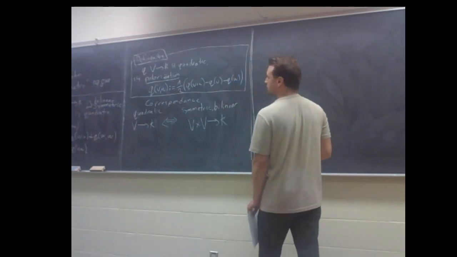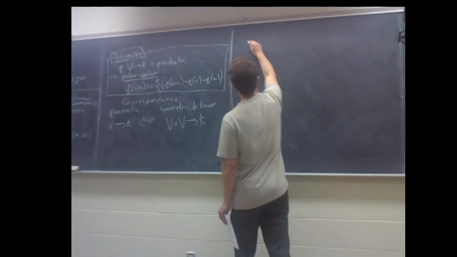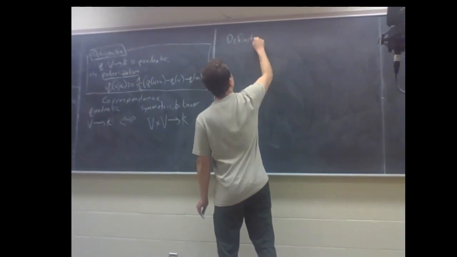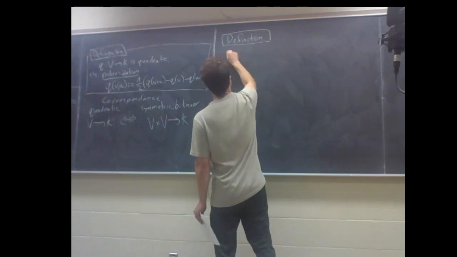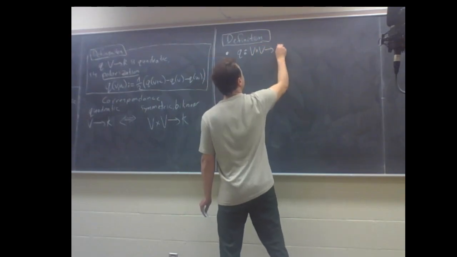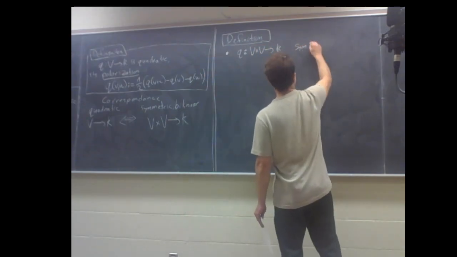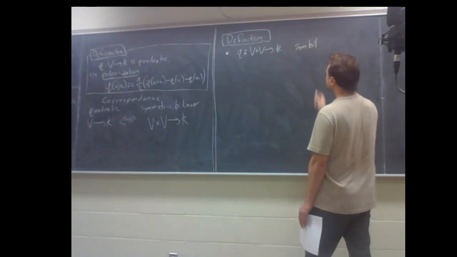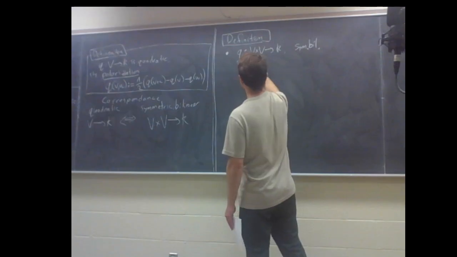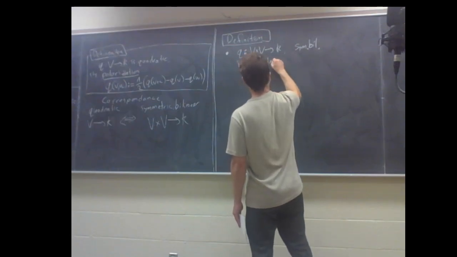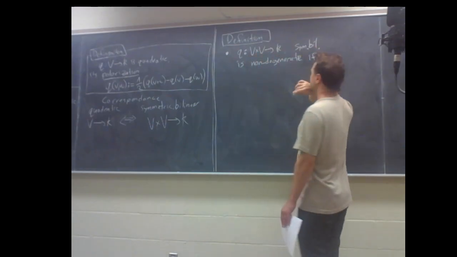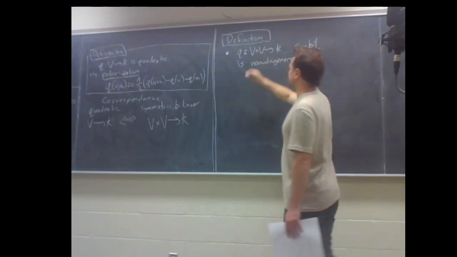So let's look at the properties of quadratic forms. If we take a symmetric bilinear form, which I'm going to start abbreviating SymBil, we're going to define this to be non-degenerate if we treat this as kind of a pairing.